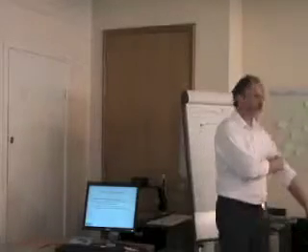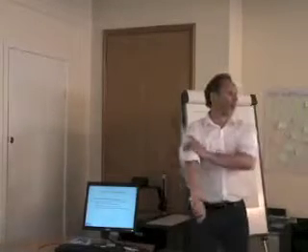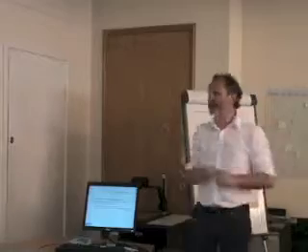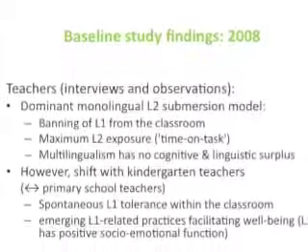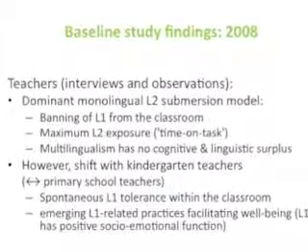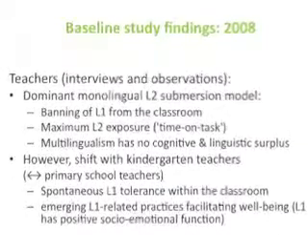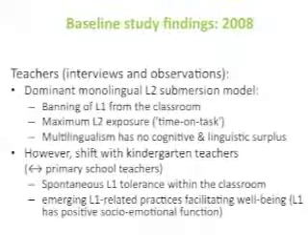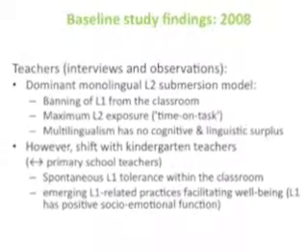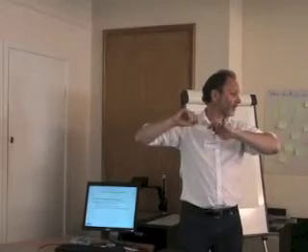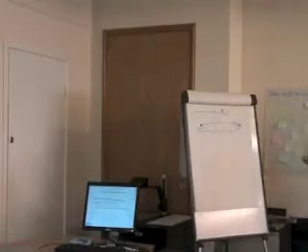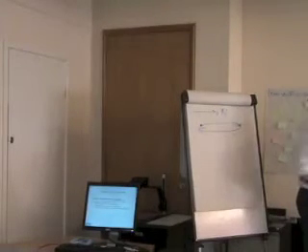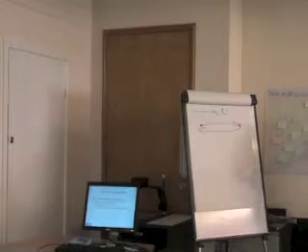What was the baseline study in 2008? As we had expected, a dominant monolingual L2 submersion model. In all 4 of the experiment schools, there was a banning of the L1. In one of the schools, the most strict, there were even huge banners on the playground which said we speak only Dutch.